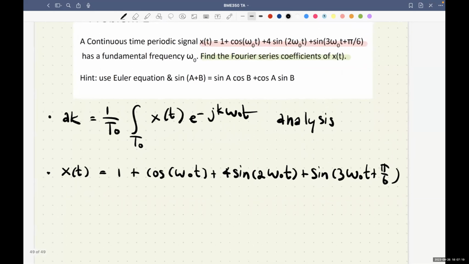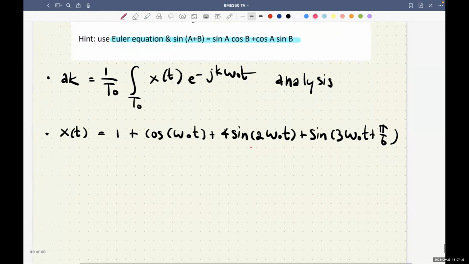And we were given the hint that we can use the Euler equation here. So I use the Euler equation and the sine A plus B formula here. Let's look at the first term.